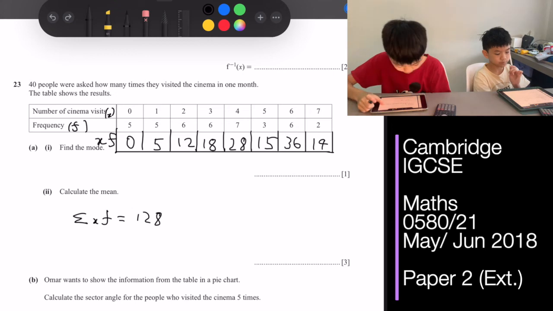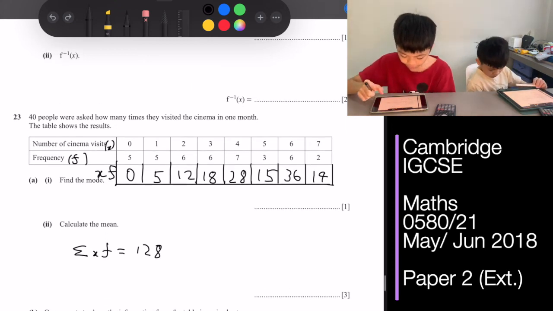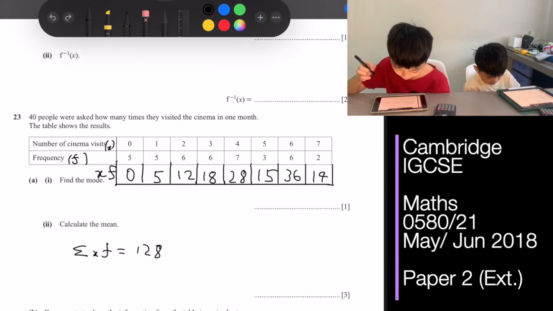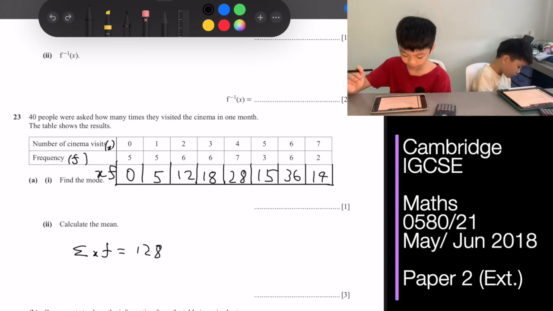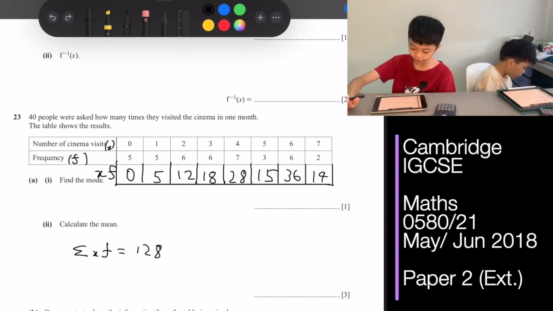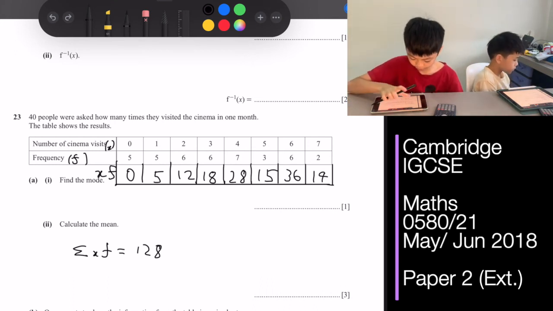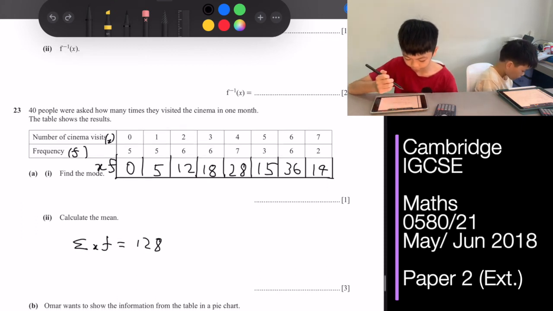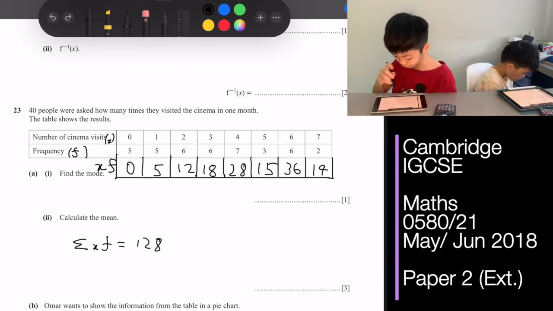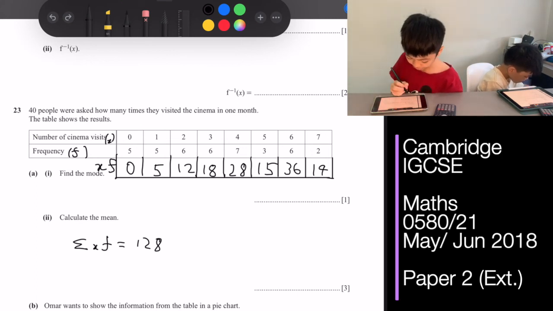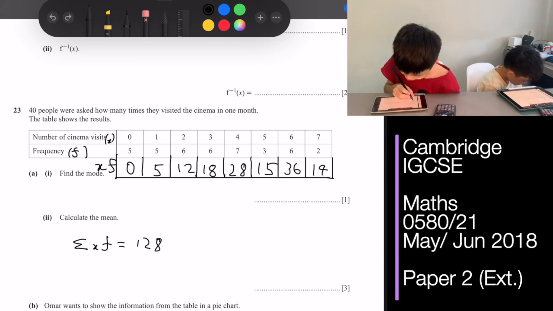Okay, so for our next question, 23. 40 people were asked how many times they visited the cinema in 1 month. The table shows the result. Also, I drew another table for the mean, which is the next question. Find the mode. The mode is the most frequent number that appeared. Since they already gave us a frequency table, just find the frequency row.